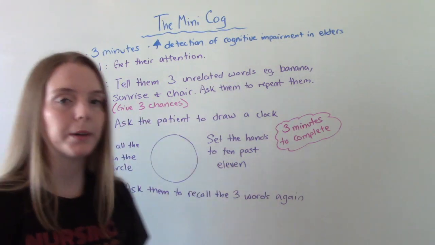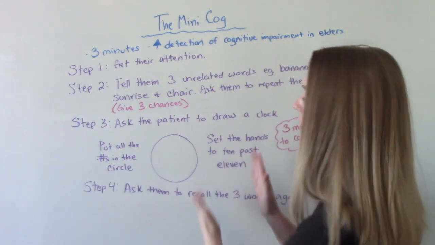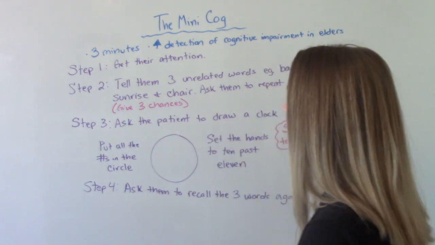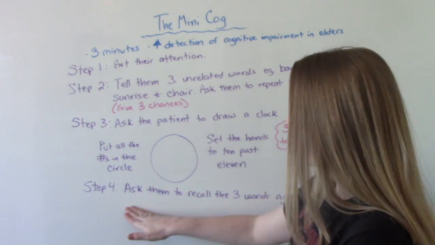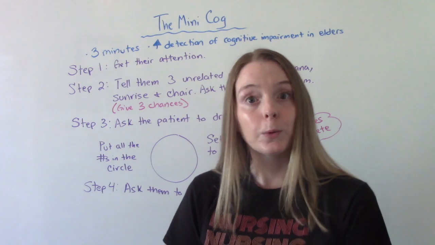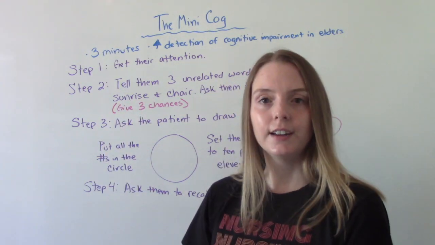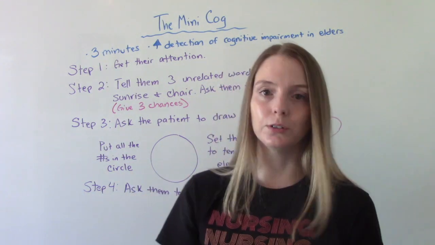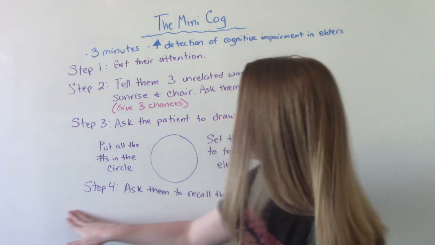And after 3 minutes, if they haven't been able to finish it, that's okay, we move on. And then the final step is step 4, and we're going to ask them again, remember those 3 words we talked about earlier? Can you please repeat those words to me? And they will be able to, or they won't be able to. That's the 4th step.